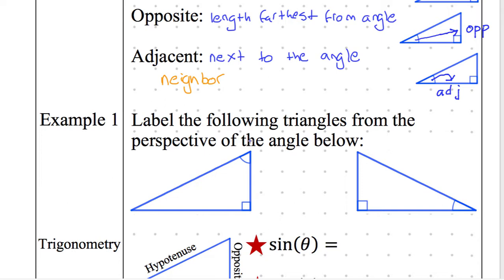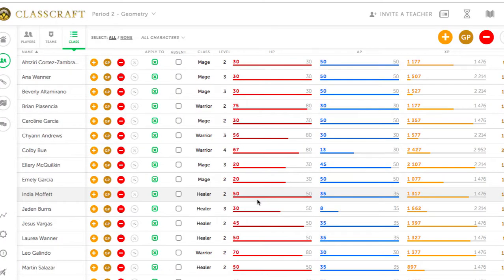Two hands. All right, India. Opposite. Which one is opposite? Which leg? So I guess I can label this A, B, C. Which segment are you talking about? BC is opposite? Yes. Close, but not quite. You still get your points for trying, though.